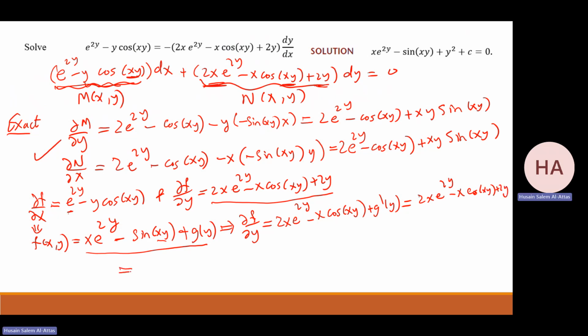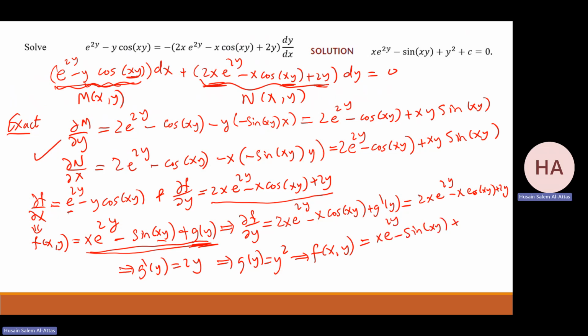So I'm getting what? G prime of y equal to 2y. Okay. That means g of y equal what? Y squared. Okay. So my f of x and y, since I get g of y, so I just plug it here. It will be what? X e to the 2y minus sine xy plus y squared.